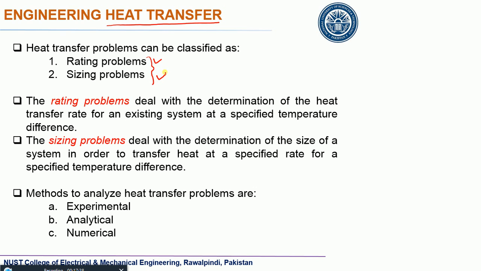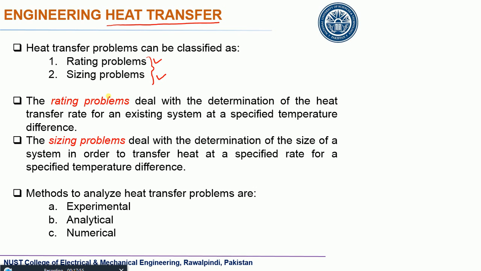Is it basically reducing the humidity to a certain level, which is the level of comfort for the users present in this room? Now, this is something which is known as a rating problem. And what do you mean by sizing problem? Sizing problem means that you have certain performance criteria and you need to design a machine to meet that criteria. So this is kind of reverse.